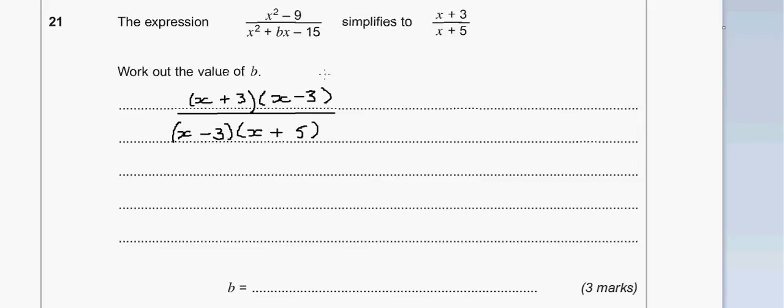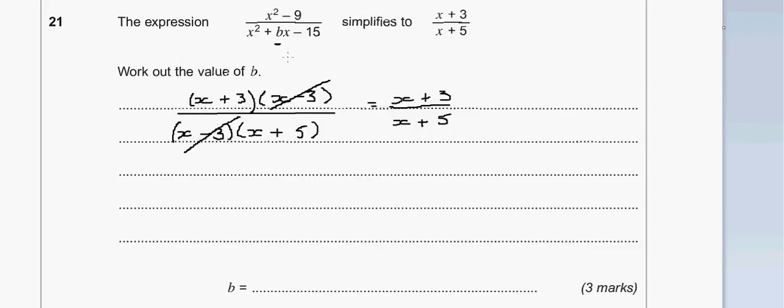Okay, because this will now cancel with this, which will leave us x plus 3 over x plus 5. Okay, because they told us that this happens. So I know that these two brackets are right, but we've got to find this middle value.